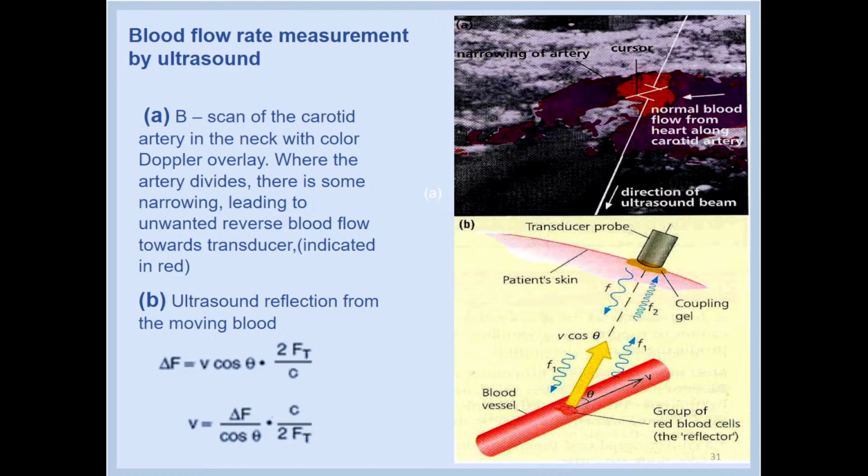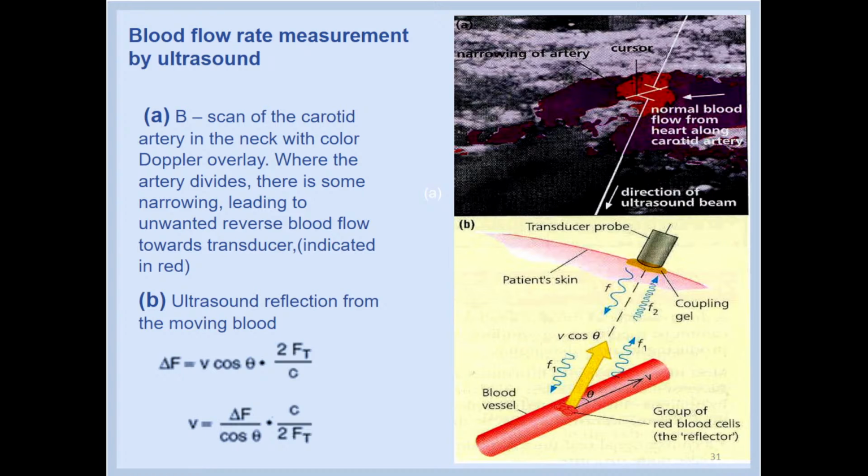Look here, the region of interest is first imaged using a conventional pulsed wave B scan. First of all, the region of interest is visualized using the conventional pulsed wave B scan we considered.